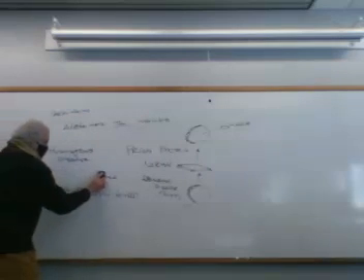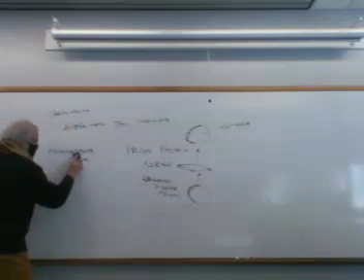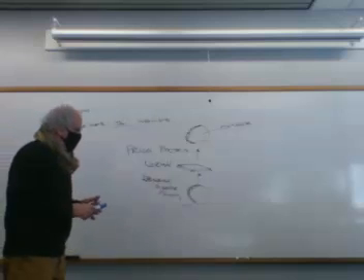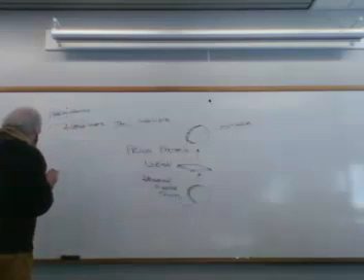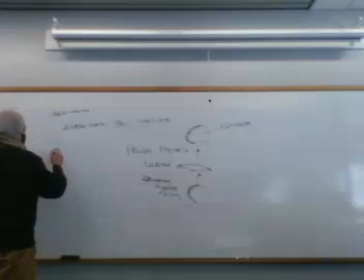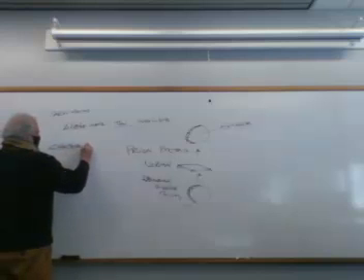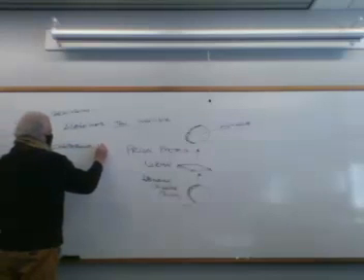Now, another interesting kind of twist to this, we mentioned this before, but we'll throw it out again. There are a class of proteins that are known as chaperone proteins.